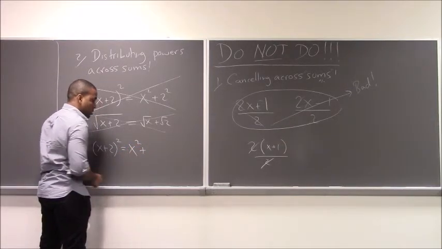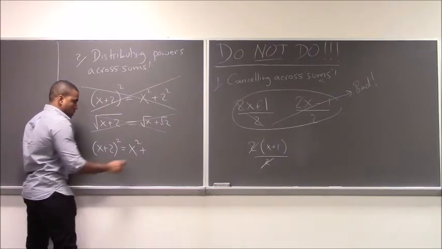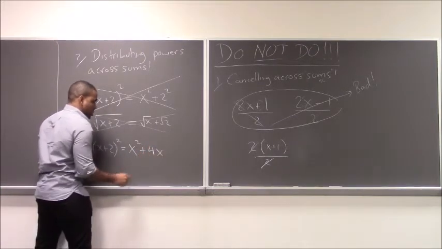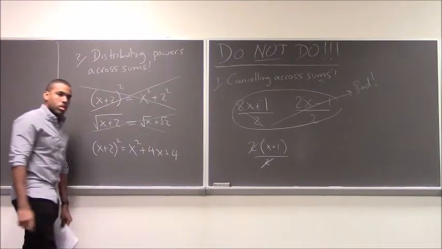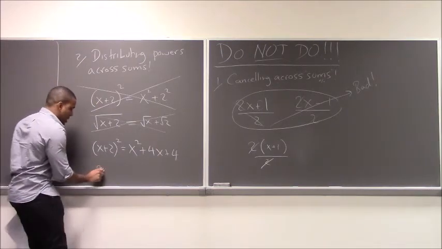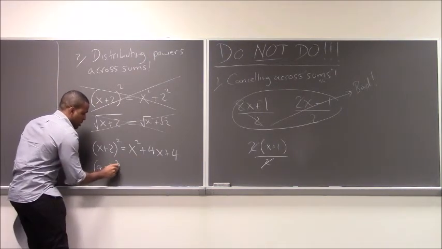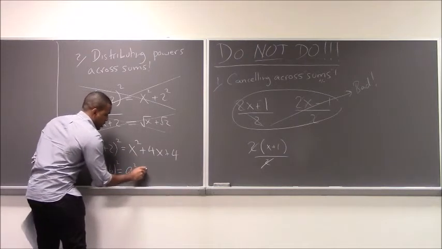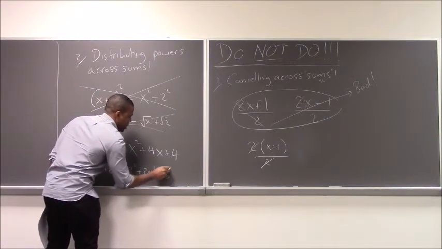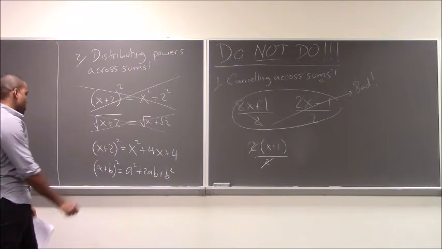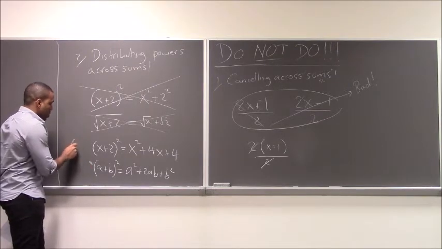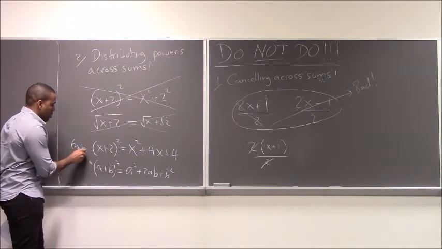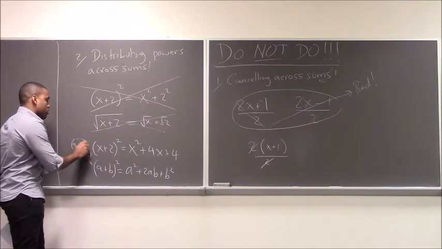X squared plus 2x plus 4x plus 4. And there's a formula for that: a squared plus 2ab plus b squared. You can also remember that that's really just you multiplying things out. When you square it, you're multiplying them out, and then you have to FOIL.